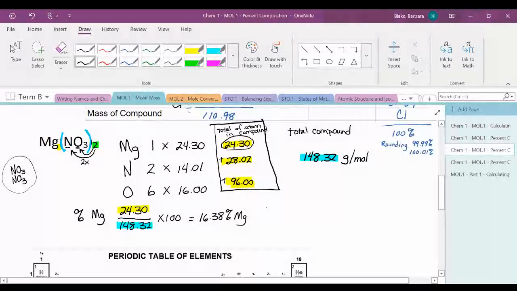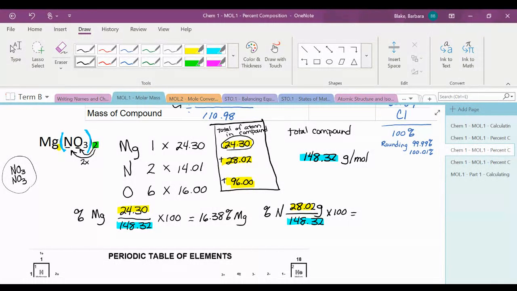Well, if I want to find the percent of nitrogen in this compound, I'm going to do the same thing, but in this compound, I'm going to have 28.02 grams of nitrogen. I am going to divide that by the 148.32, which is the total mass of the compound, and I'm going to take it times 100, and punch those into my calculator.